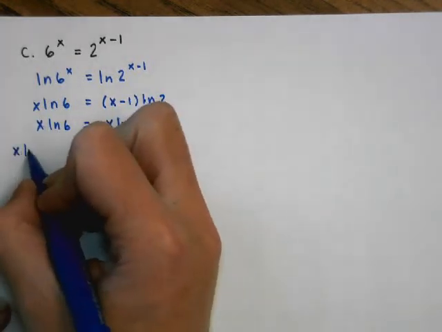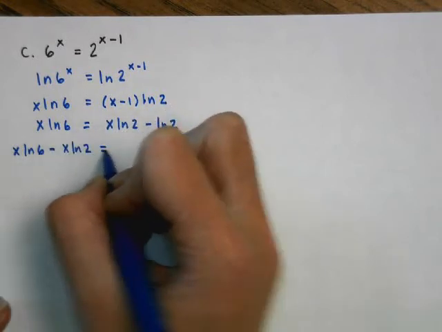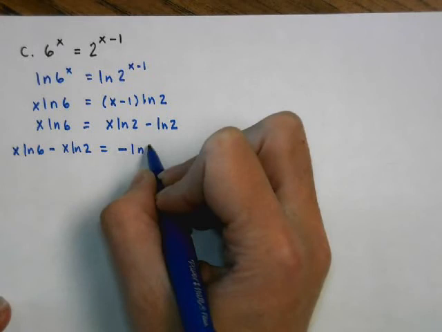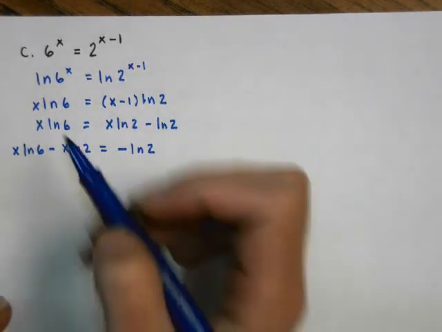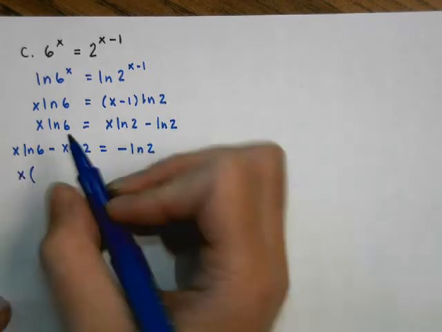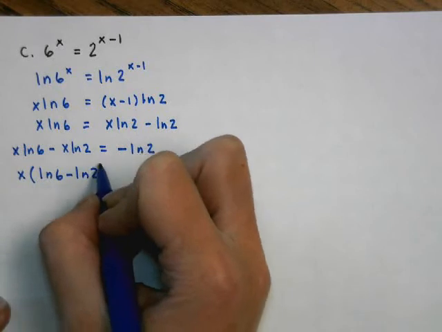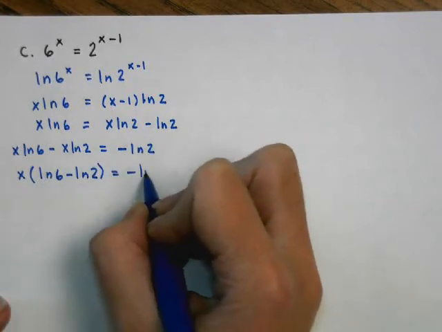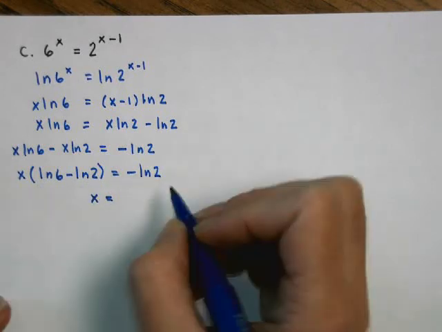So we're going to have x natural log of 6 minus x natural log of 2 equals negative natural log of 2. I'm solving for x, so what I can do here is factor an x out, which will leave me with x times (natural log of 6 minus the natural log of 2) equals negative natural log of 2. And then we're going to divide.